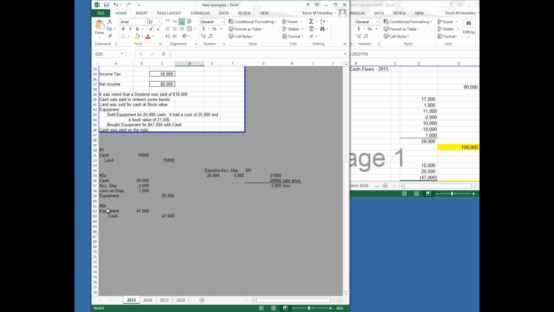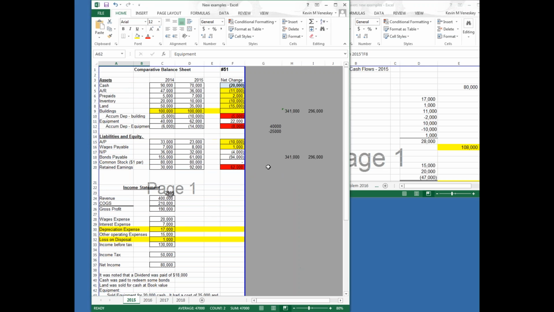But then down here in my 2B, I gained 47,000. If you add all of these together, you're going to get 62,000. So I explained why my equipment went from 40 to 62 with the sale and then with the purchase.